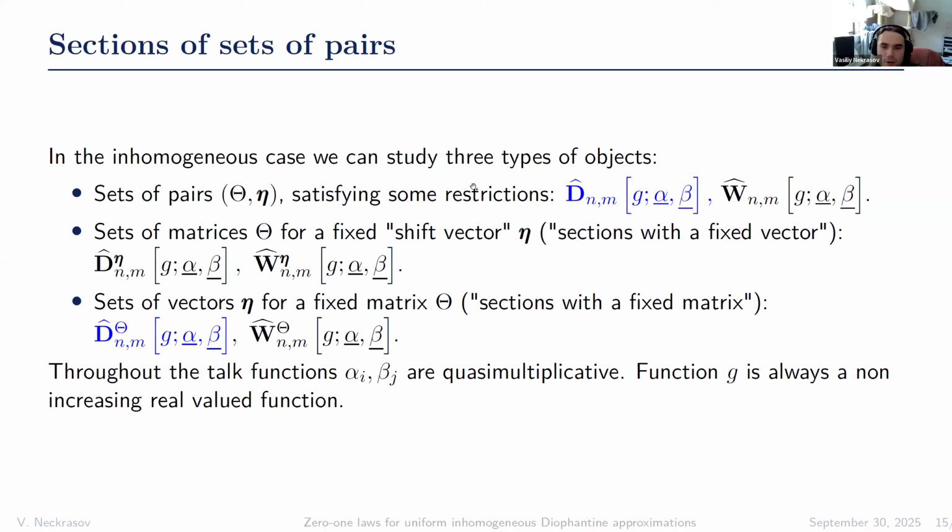So today I will focus on the ones that are painted blue. I will not talk about the approximations with fixed shift vector. There is a lot known about these sets with the shift vector. For example, the whole metric theory of sets with the shift vector being fixed.